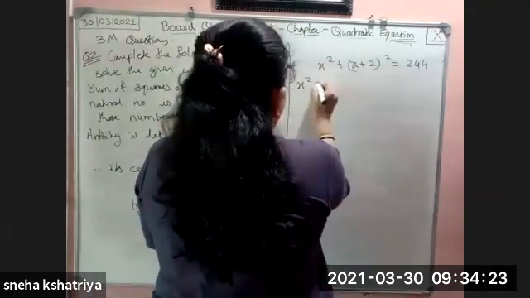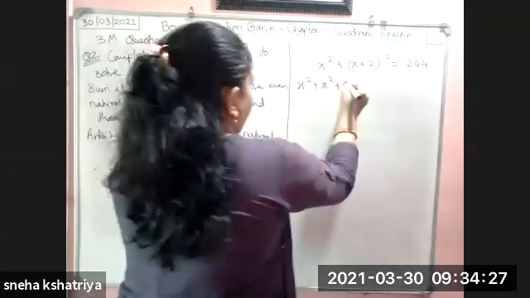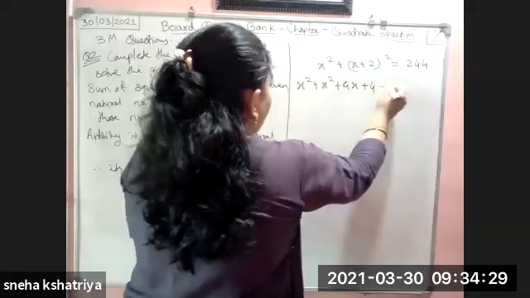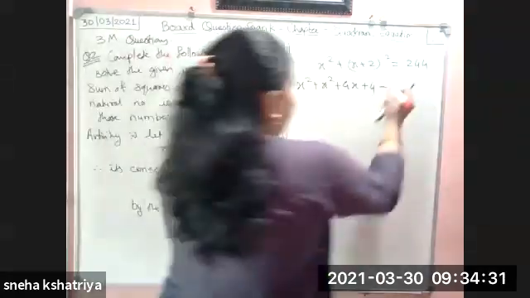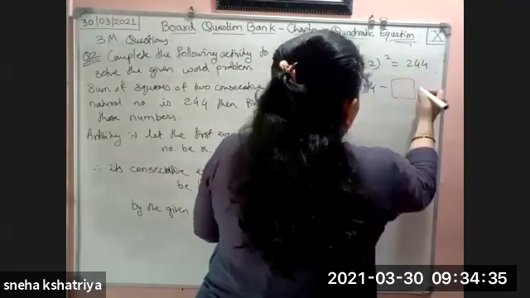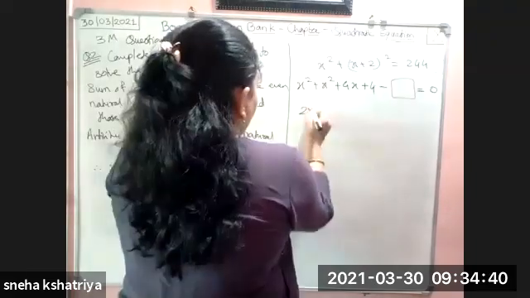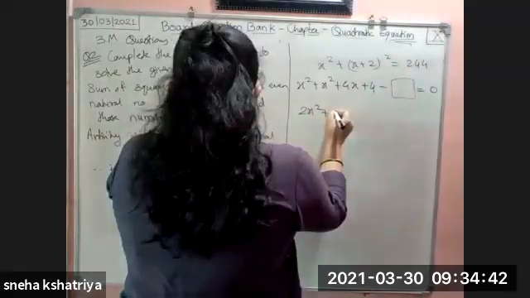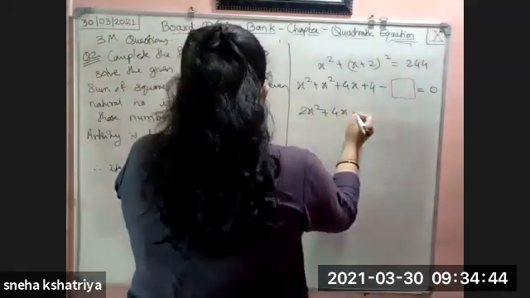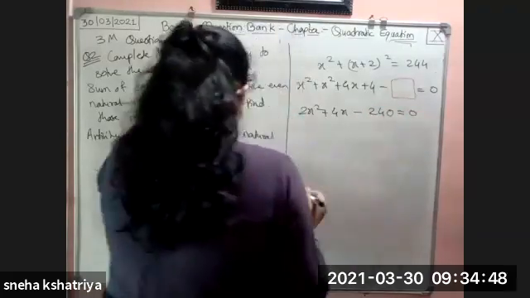What is given in the next step? x square plus 4x plus 4 minus a box, which is equal to 0. Then 2x square plus 4x minus 240, which is equal to 0.